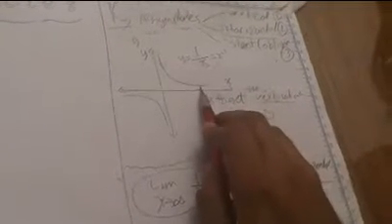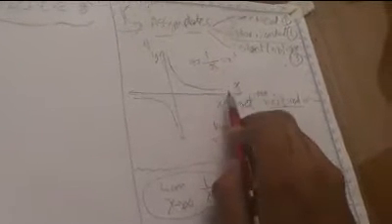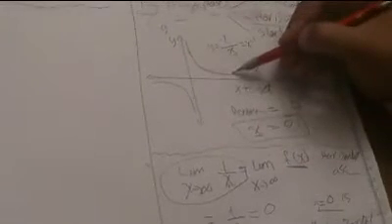As x tends to infinity, the function tends to this line, which is the x-axis, y equals 0 in this function. It may be y equals 2, y equals 3 in other functions. As x tends more to infinity, the function tends more to its horizontal asymptote.